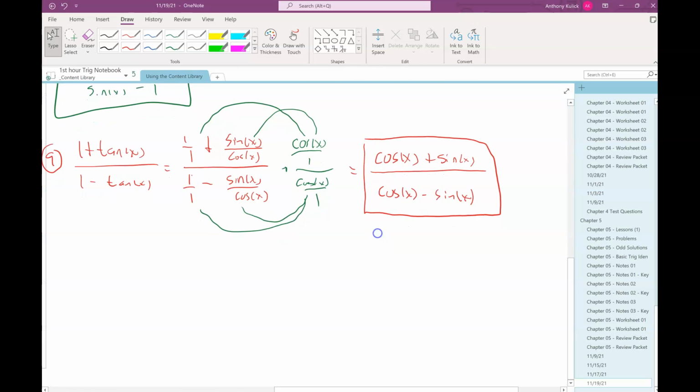Now, had you decided to go the other route, we would have had to make a common denominator in the numerator and a common denominator in the denominator. So hopefully it's pretty clear that the common denominator in both places is just going to be cosine. So 1 over 1 would turn into cosine x over cosine x.